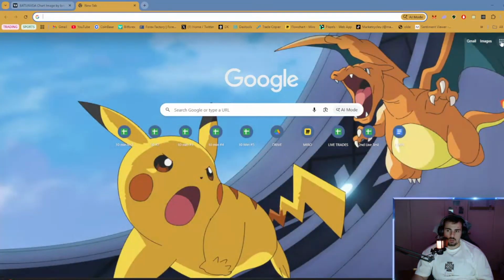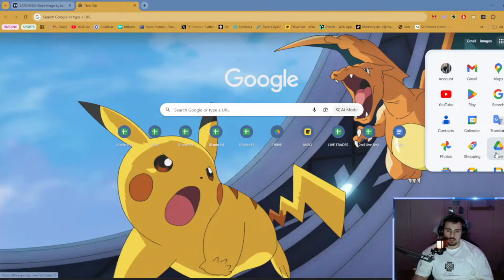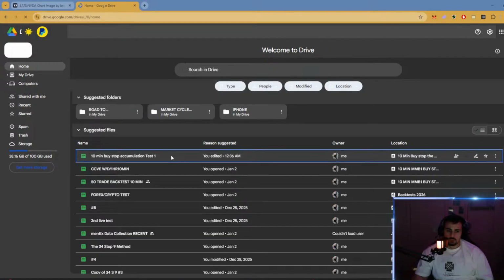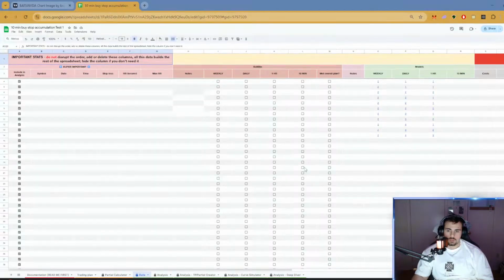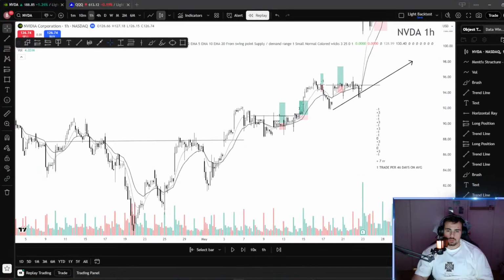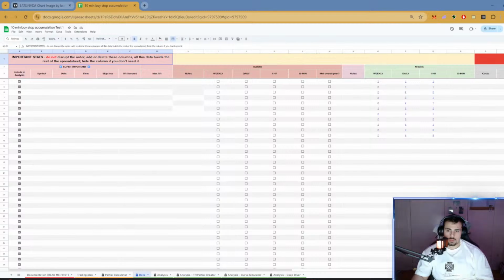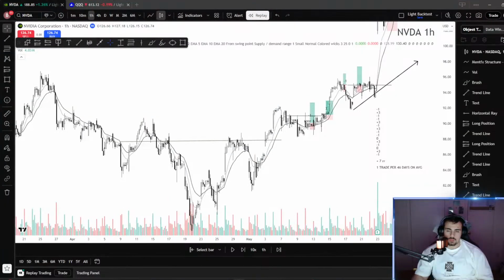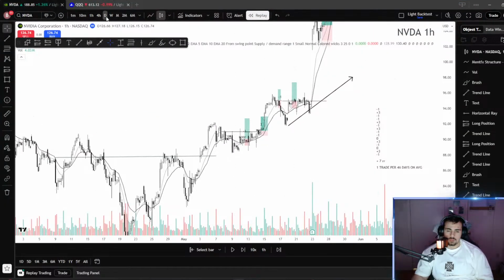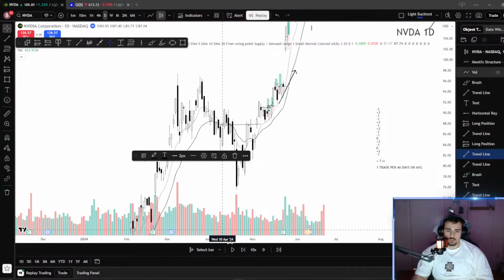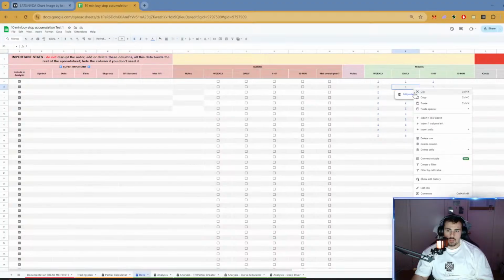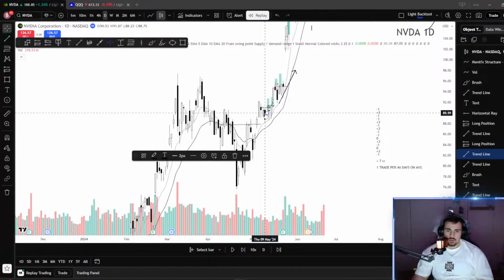Oops, I just closed it. There we go. So it looks like the first 3 trades were actually taken inside the first daily high. 1, 2, 3.